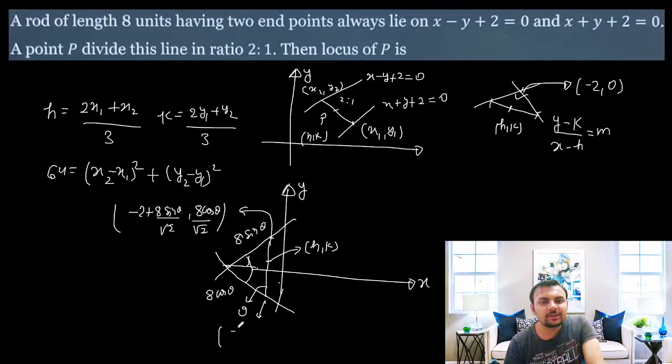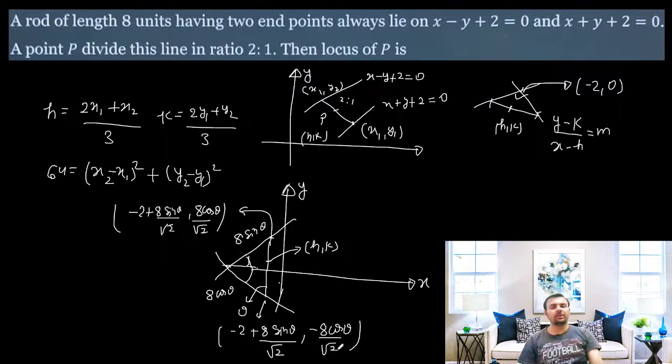This is minus 2 plus 8 sin theta by root 2, and this is minus 8 cos theta by root 2.